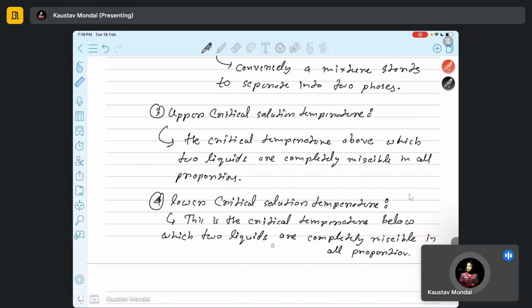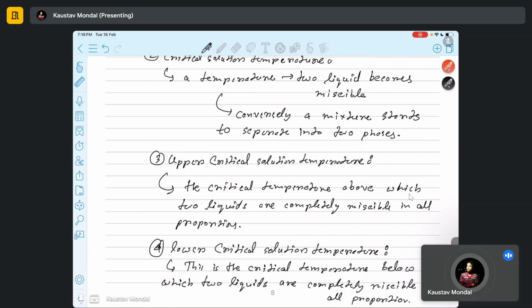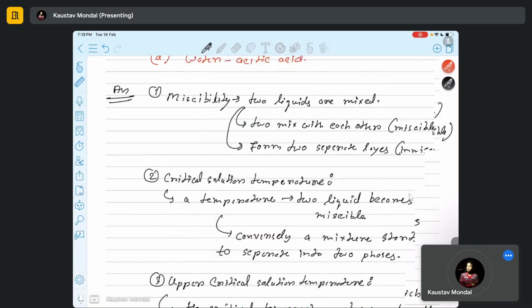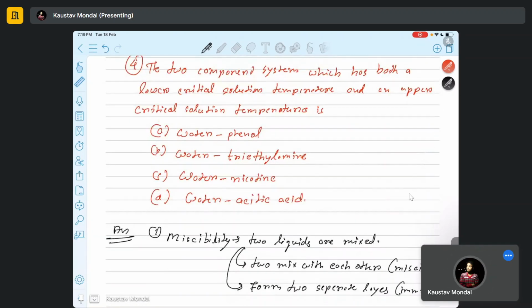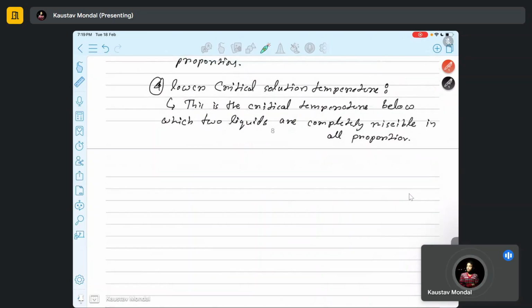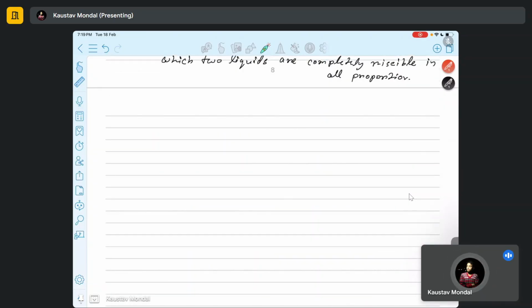After explaining all of these things, we come back to our main problem. Out of these four solutions, which has both a lower critical solution temperature and an upper critical solution temperature? Let me write each of the solutions separately; from there we can easily work it out. First is water, phenol.